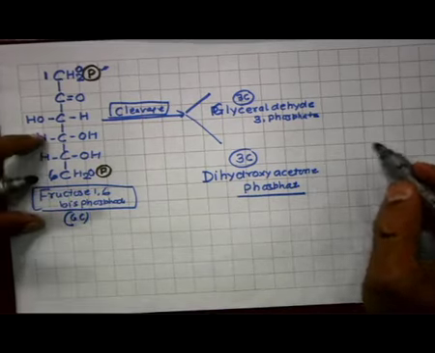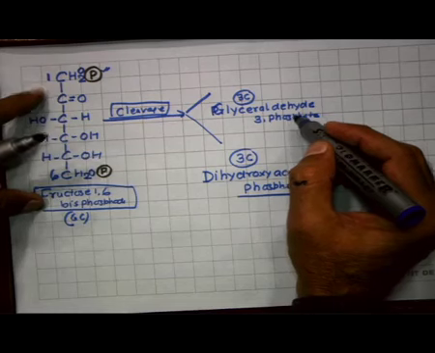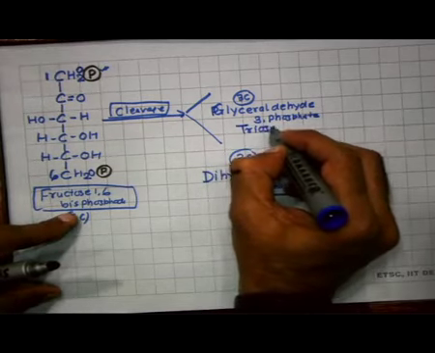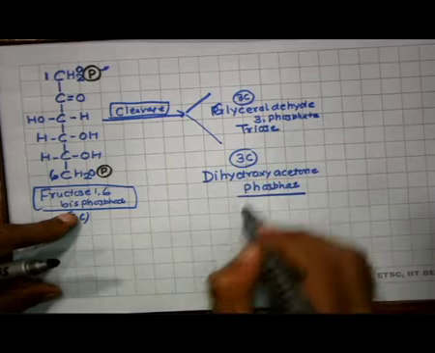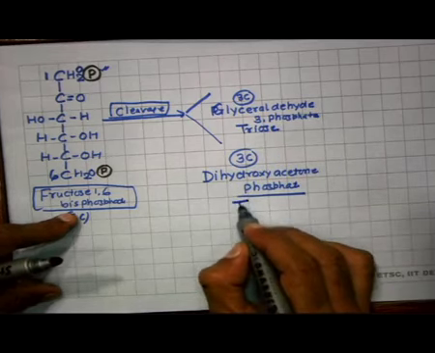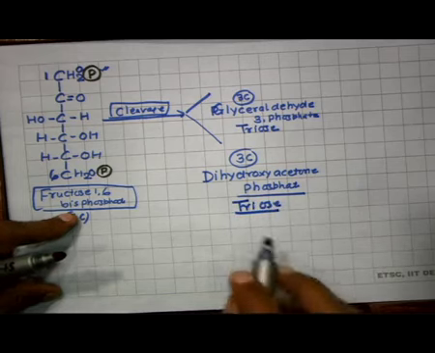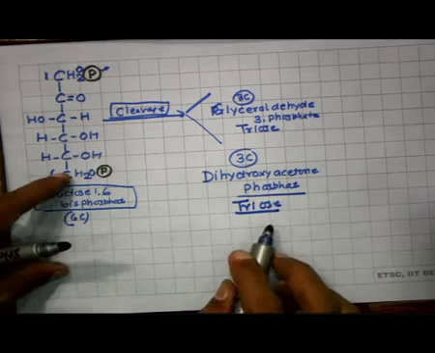These are a type of carbohydrate called triose. The glyceraldehyde 3 phosphate is aldehydic and dihydroxyacetone phosphate is found in the ketonic form.